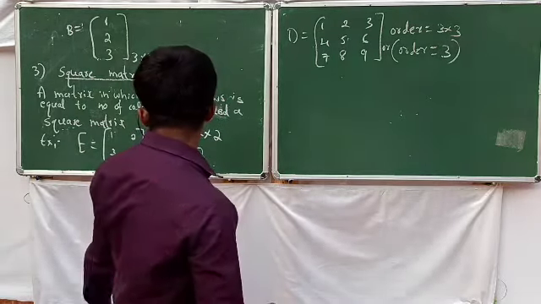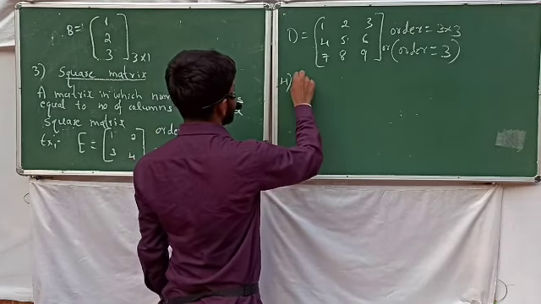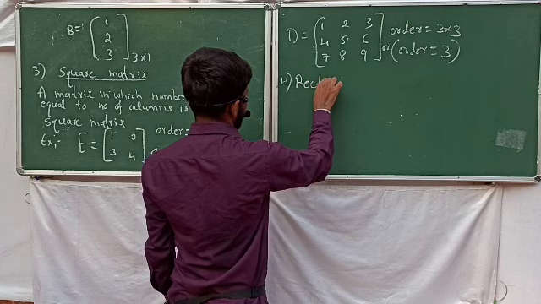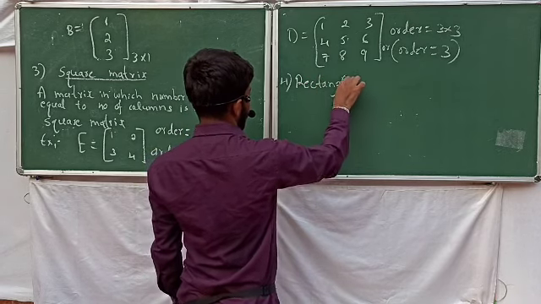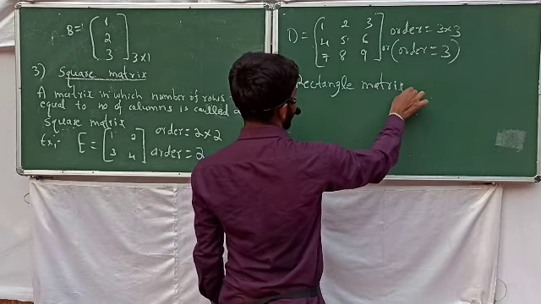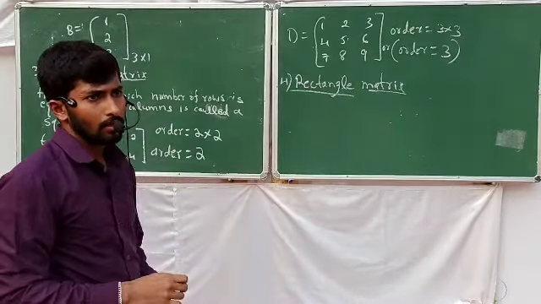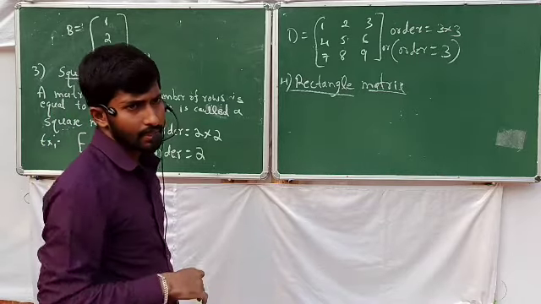Go to the next type, the fourth one. Rectangle matrix. Similar to square matrix. You know the definition of square, all sides are equal. Rectangle means opposite sides are equal.